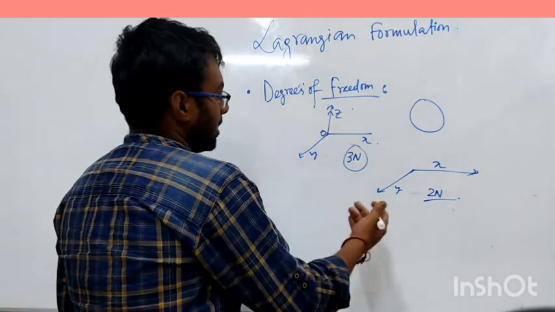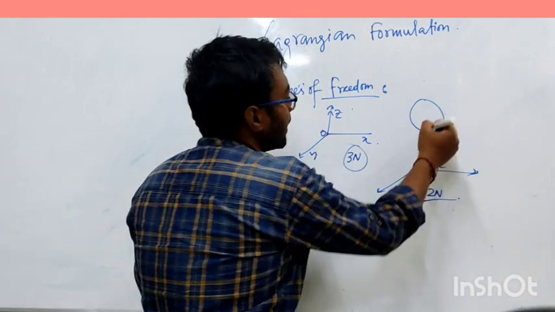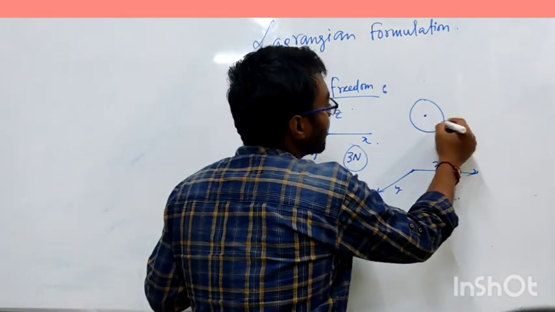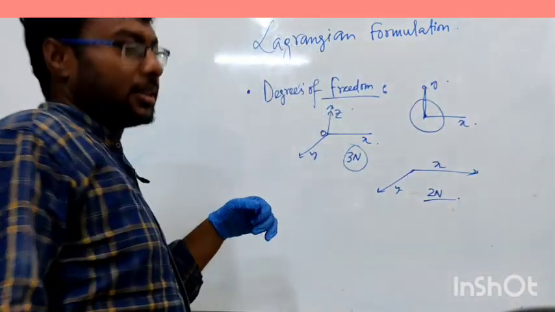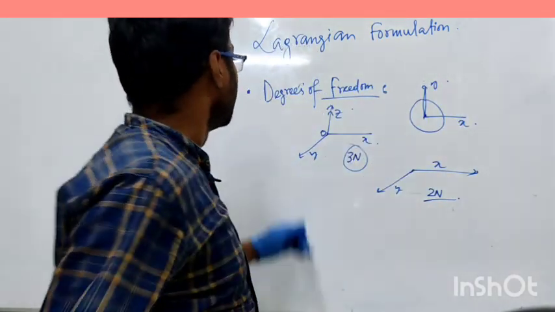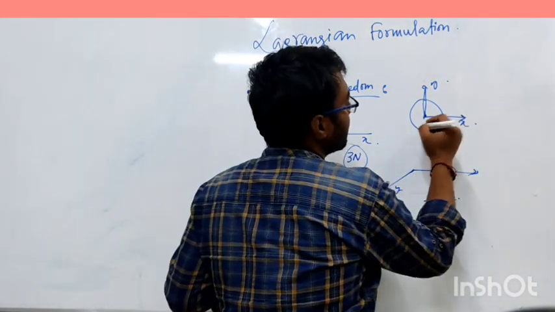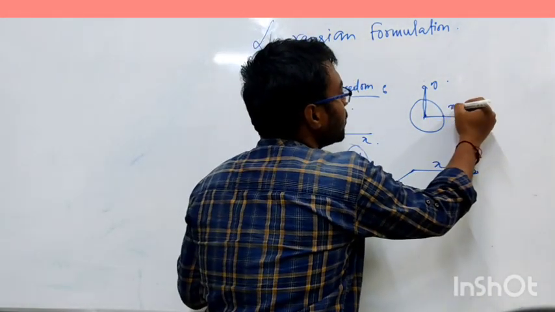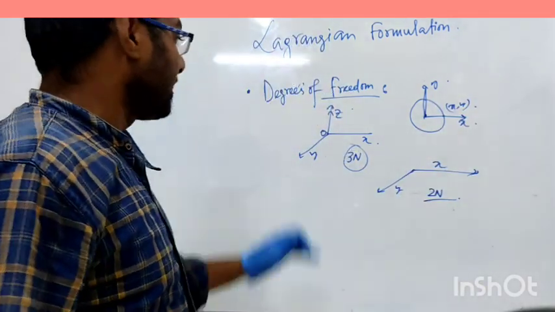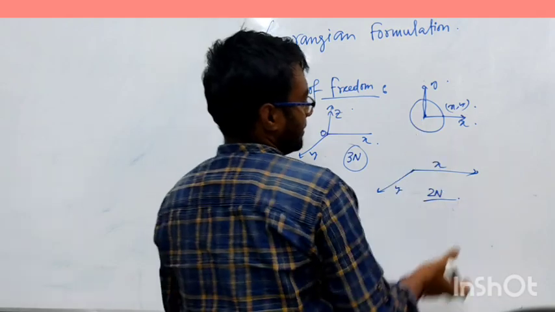Now, if we make some consideration such that one particle is moving along a circular track in the xy plane, then what will be the number of degrees of freedom? To describe the particle motion we require 2 coordinates, x and y, but we can reduce the number of coordinates.